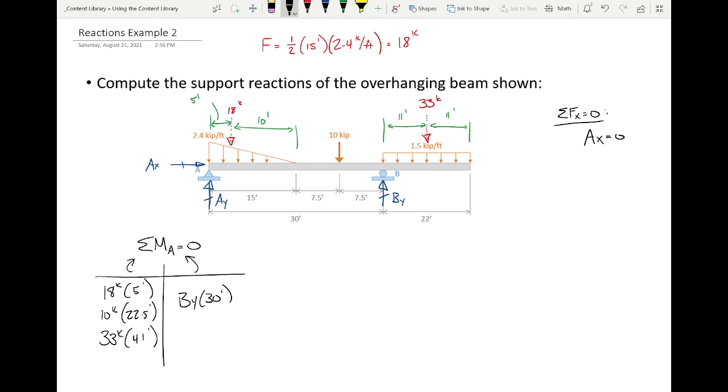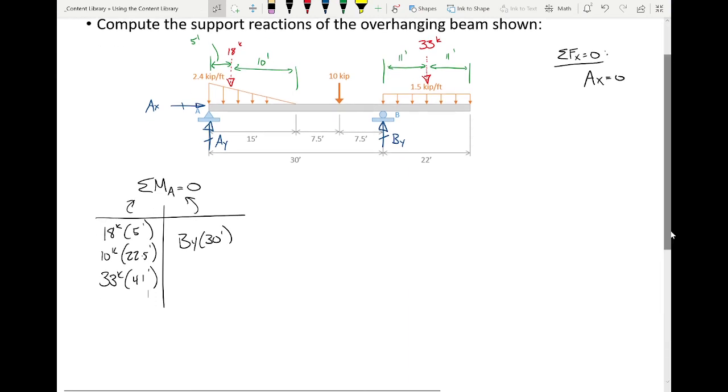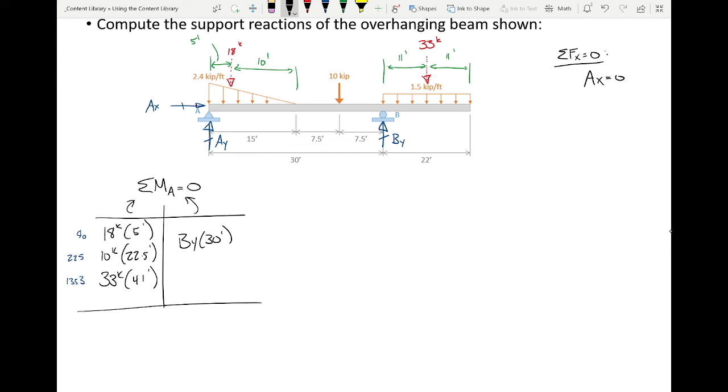All right. So let me scroll down a little bit. So what do we got? 18 times 5, that's 90. That's 225. 33 times 41, 1353. And so, what's that sum? 1668.